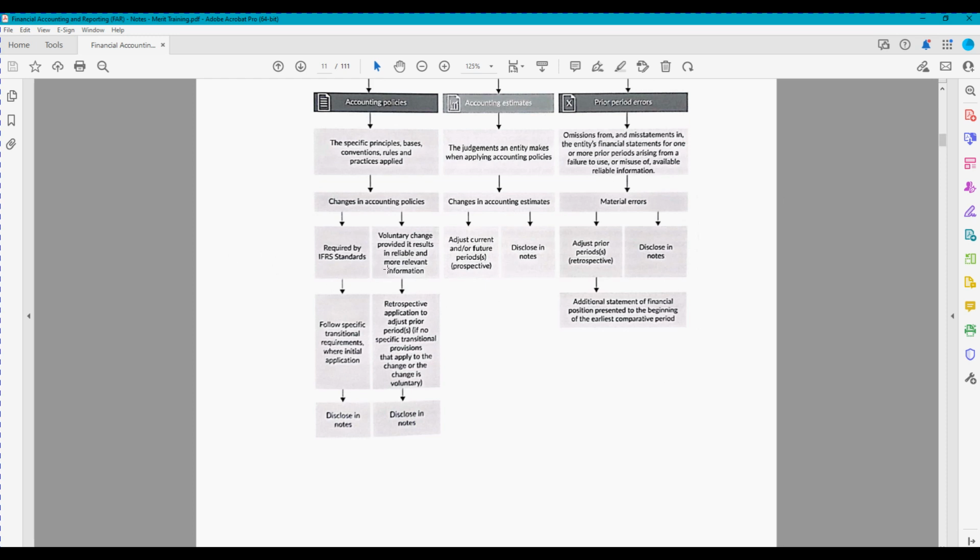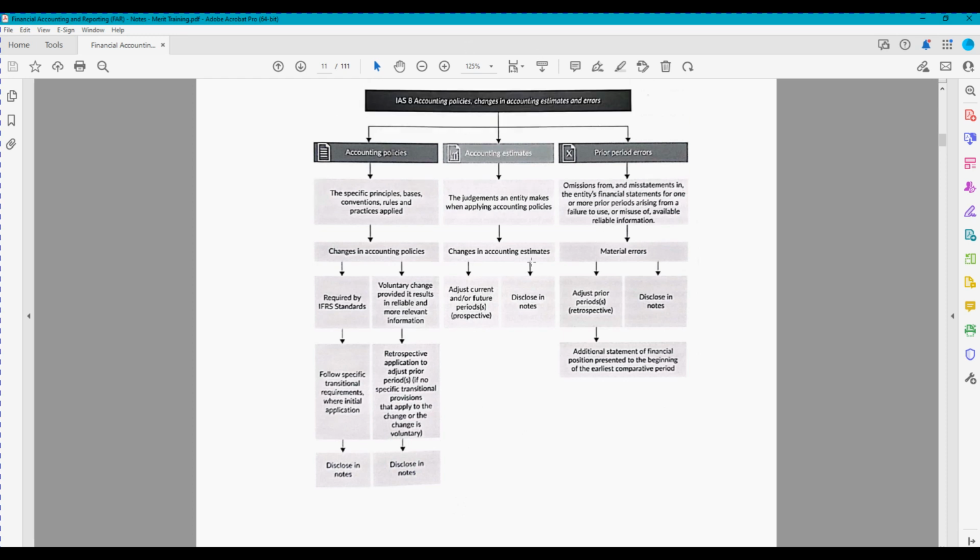So for example, follow specific transitional requirements, or use retrospective application to adjust prior periods if there are no specific transitional provisions that apply. In other words, if there's a specific code in the standards which says this is a new standard, in the meantime this is what you should do during the transition period. If that doesn't apply, then you retrospectively adjust prior periods for the policy and also disclose it in the notes.